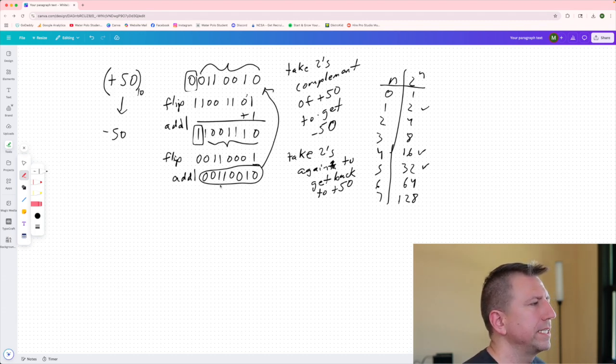And so now I can calculate this as 32 plus 16 plus 2, that's 50. And so 50, when we do the 2's complement, we get negative 50. We do the 2's complement again, and we get back to 50. So the 2's complement is reversible. Okay. So that is the 2's complement. That's how we get it.